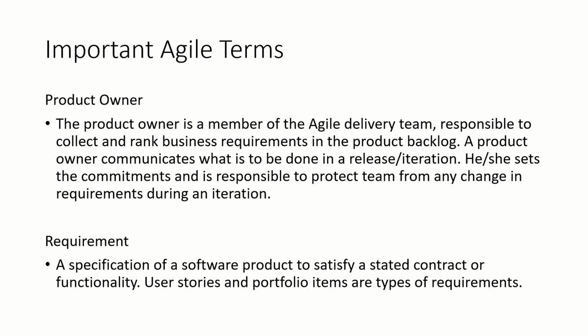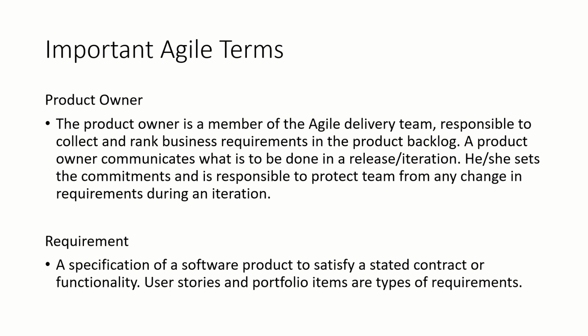He or she sets the commitment and is responsible for protecting the team from any changes in requirements during an iteration. So the product owner is a person sitting in the Agile team from the product side and sets the commitment for what the whole team needs to do in a particular sprint. That is the work of the product owner.